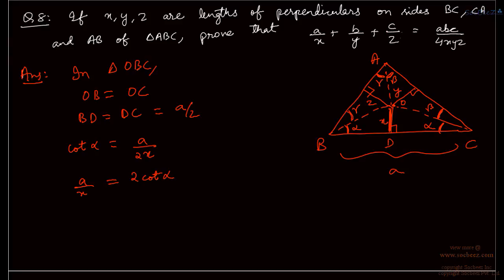So if A by X is 2 cot alpha, B by Y, okay, we can take this triangle, this one, and here you can get that B by Y will be nothing but 2 cot beta. Similarly, C by Z will be 2 cot gamma. Right? Now let's add all these together.